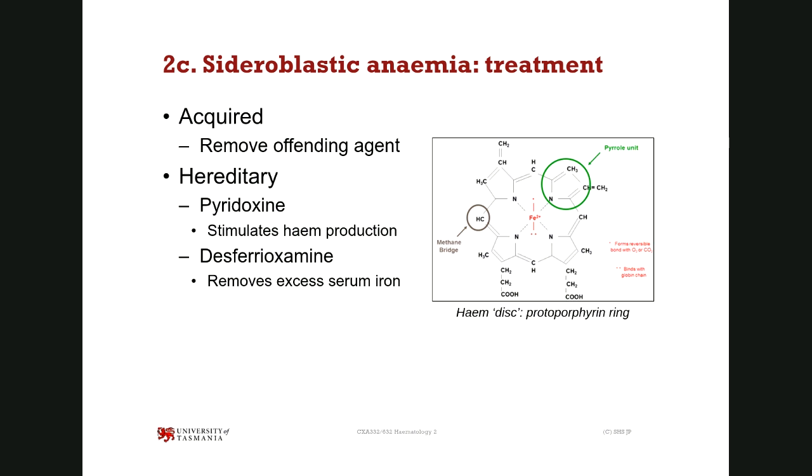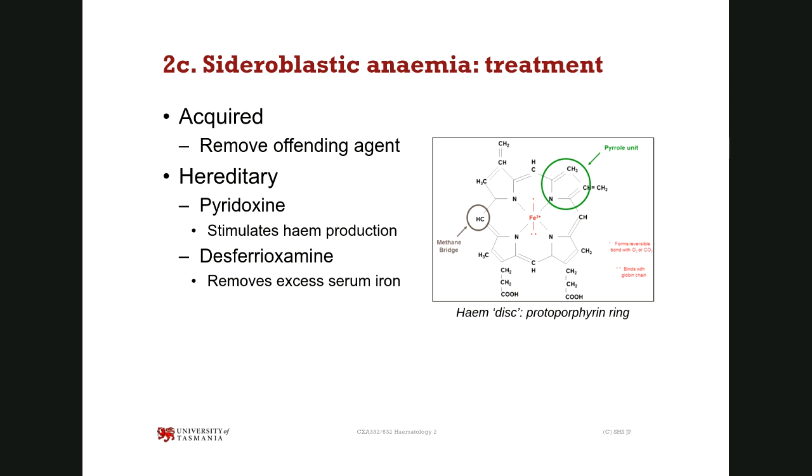The other thing that needs to happen when we get these cases of iron overload is using what we call a chelating agent. Desferrioxamine is the chelating agent most commonly used. It is administered subcutaneously, and then it gets very slowly released into the bloodstream, and it complexes or chelates the iron in the bloodstream, the serum iron or plasma iron, and then it is excreted from the body through the urine.